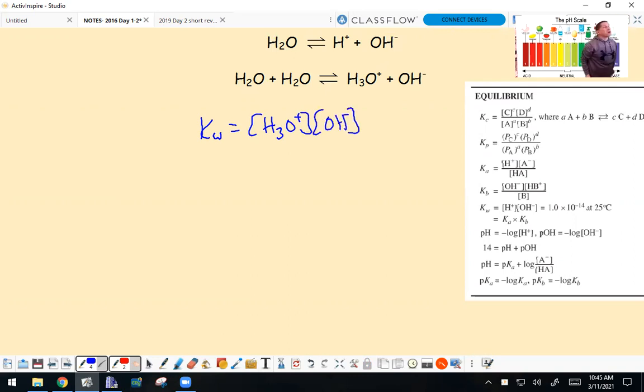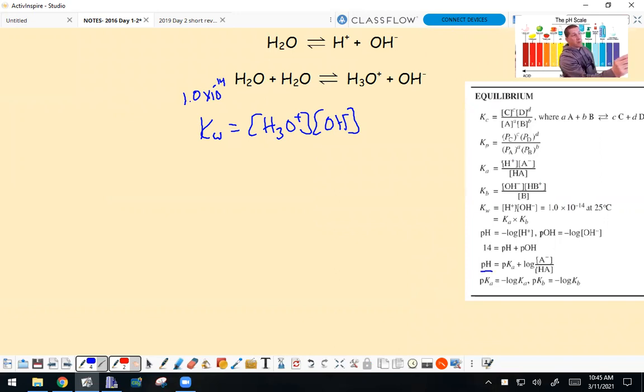So this right here is our first equation that we need, because sometimes you're given the hydronium ion concentration and you're asked to find the hydroxide concentration. So all we do is plug in the Kw, which is 1 times 10 to the minus 14. And then plug in whichever one you're given and solve for the other one. So there's our first equation where we can actually do some math.